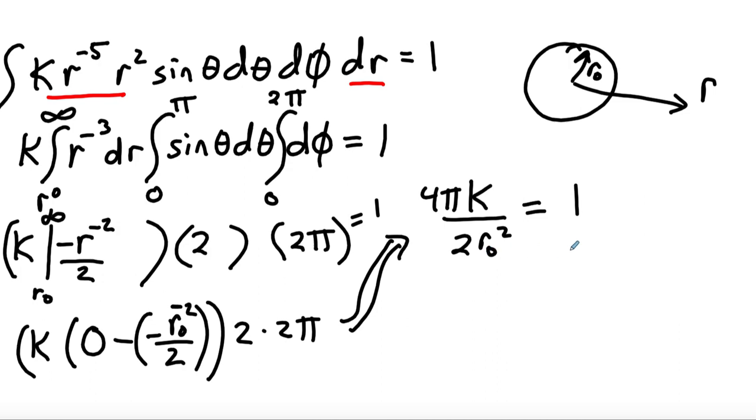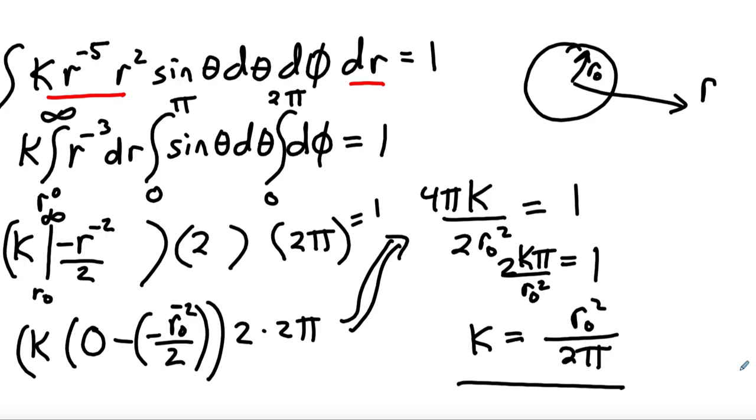We can cancel a bit. So we get k times pi times 2 over r0 squared is equal to 1. That means that k is equal to r0 squared divided by 2 pi.